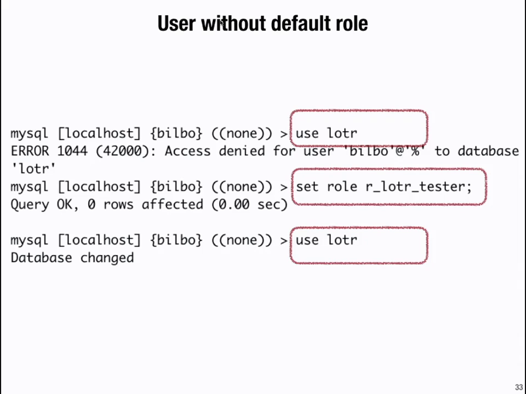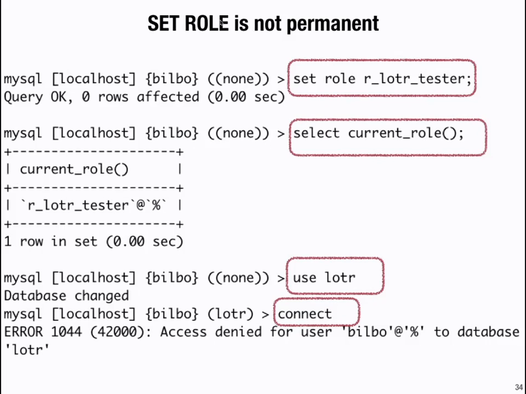So it means that the role is activated. We have to remember that the set role is not permanent. So if we do a connect, meaning that we change the session, the role that was set with set role disappears, and then we get again an error. However, if the role was assigned with the set default role, then it is permanent and it can be used after a reconnection.